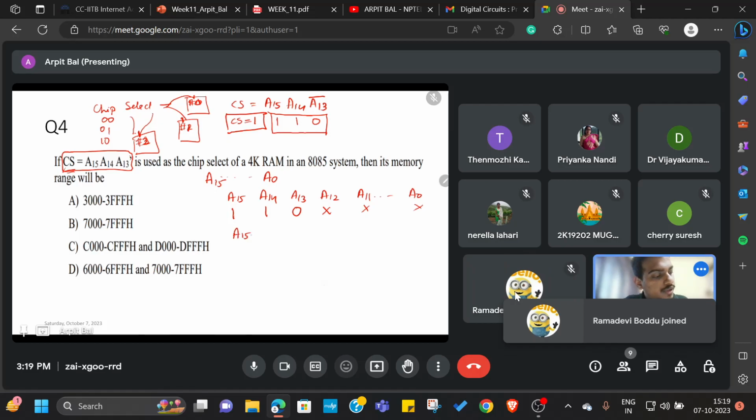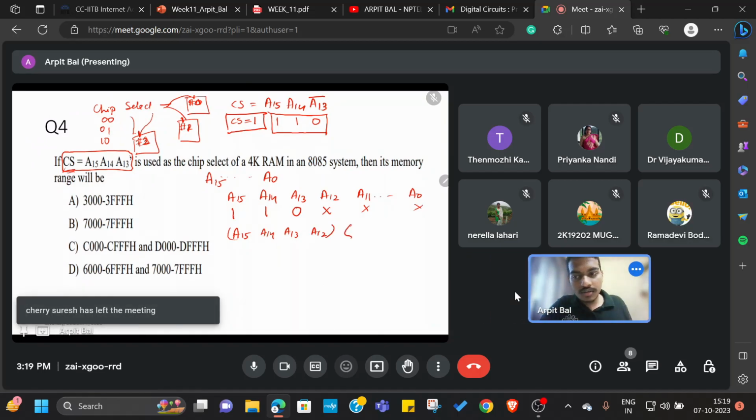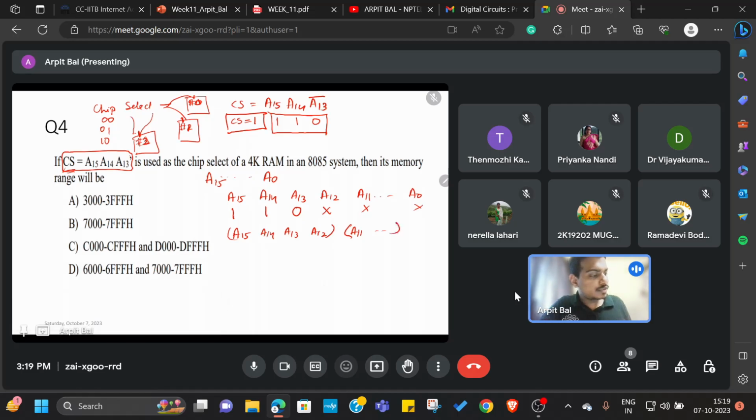So A15, A14, A13, A12. Then similarly A11 and so on, and at the end I will have A0. So I have 110X, and the rest everything is grouped into 4 bits.